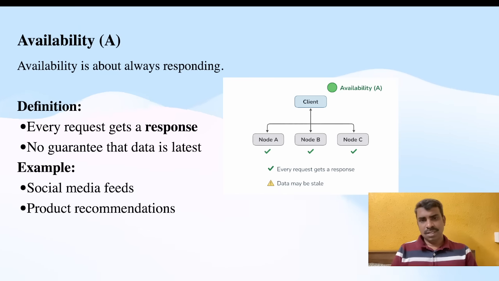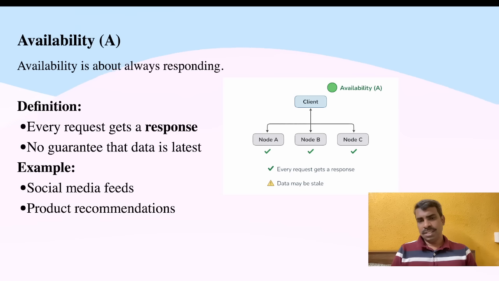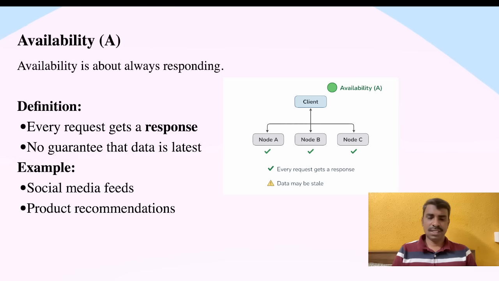That is the idea. There is no guarantee that data is latest, but still you will always get a response. That is availability, always available. So every request gets a response. Data may be stale. In the diagram you can see the client can communicate with node A, B or C. If B fails, still it will get data from A. If C fails, still it will get data from B. That's how it works.